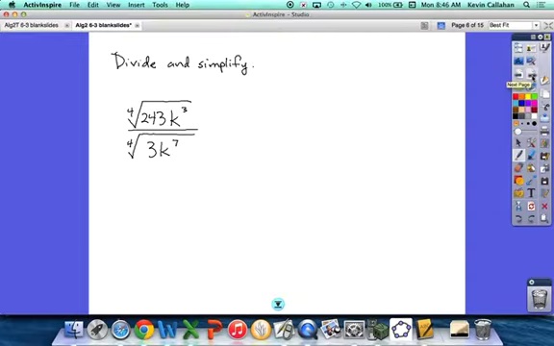Right, here's another divide and simplify. I see I'm dividing radicals, so use the quotient property, which means let's make this one radical and put everything inside.